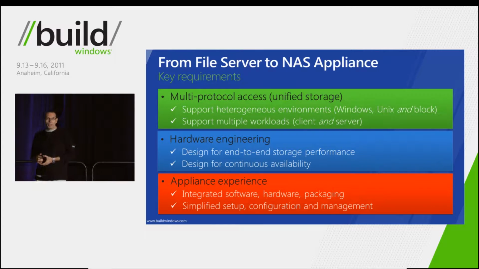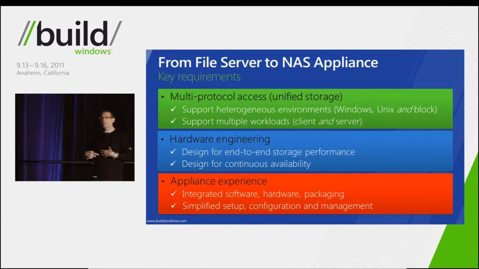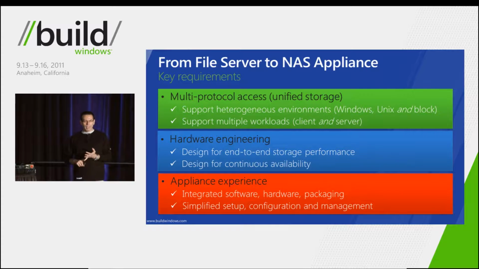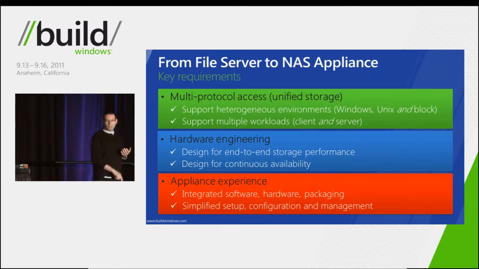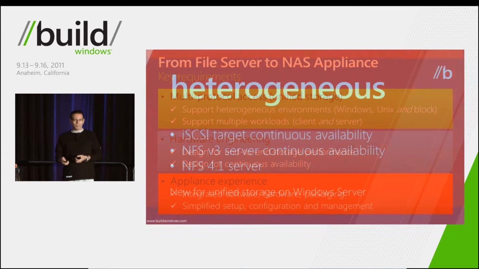And the third part is around the appliance experience, in terms of the packaging, how you put it all together, and in terms of how the customer interacts with it, how they set it up and how they manage it. So we'll address five points here: the heterogeneous access, designing for storage performance, designing for availability, packaging, and configuration.